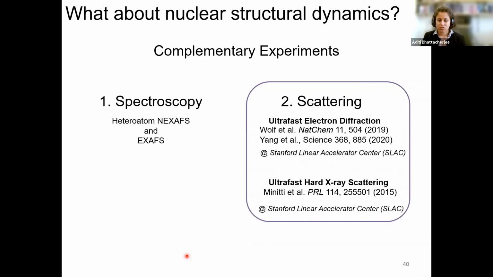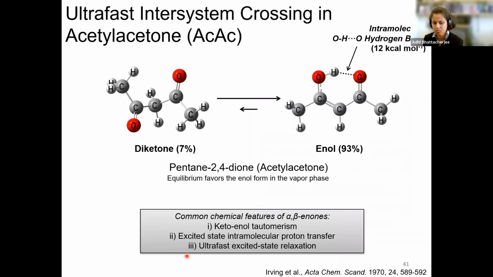So the point is really that complementary experiments are going to be important going forward. Spectroscopy is just one side, which can do quite a few things well, but to look at end-to-end bond distances, time-resolved scattering probes, such as the papers shown on the right, are going to be the way forward.